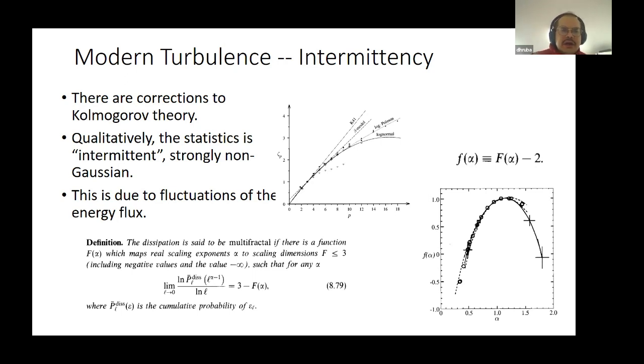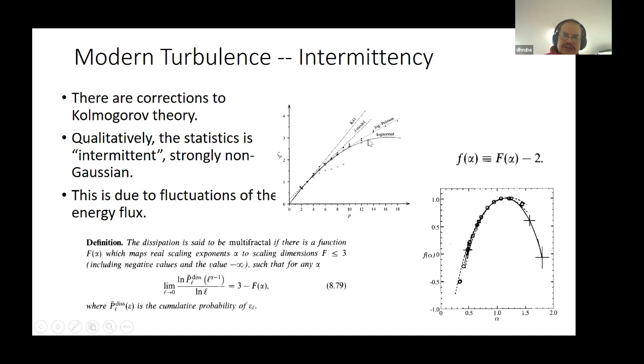Now, one can say that the system is strongly non-Gaussian, but be a little bit careful here, because before we talked about the third order structure function, and we said that the third order structure function in Kolmogorov theory is non-zero. That means Kolmogorov theory itself is non-Gaussian, because the third order moment in a Gaussian distribution is 0. So Kolmogorov theory itself is non-Gaussian, whereas here you have really extreme events.